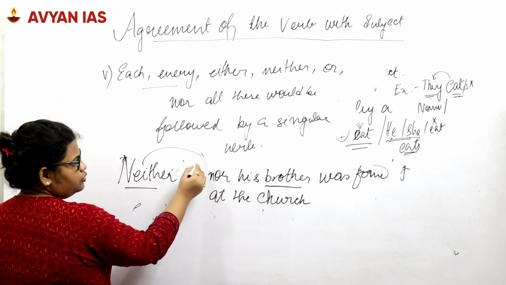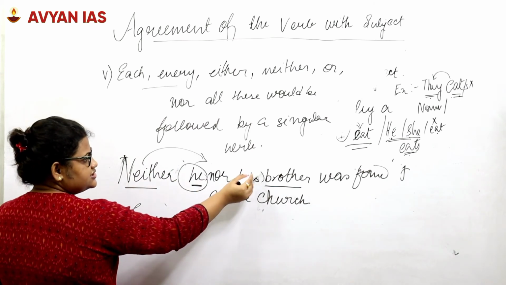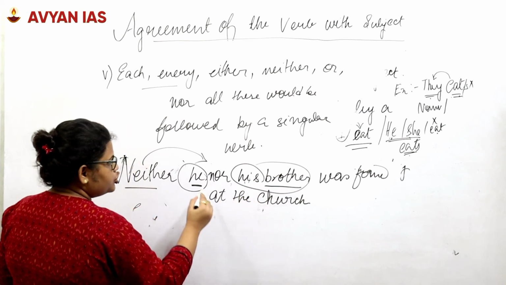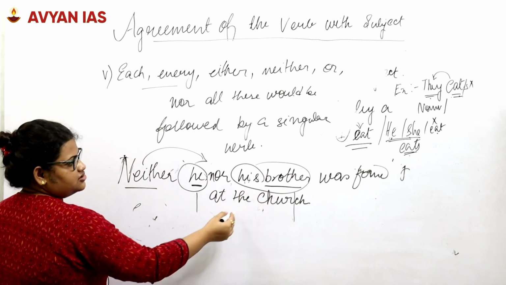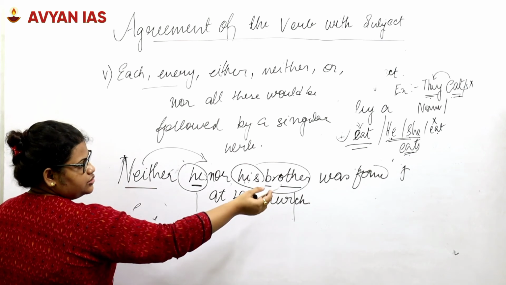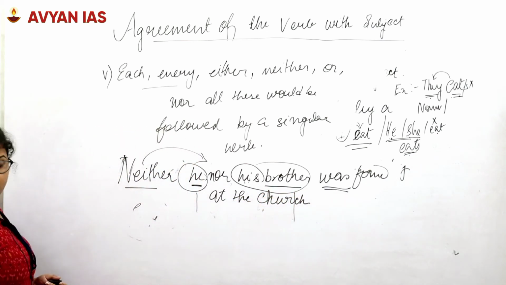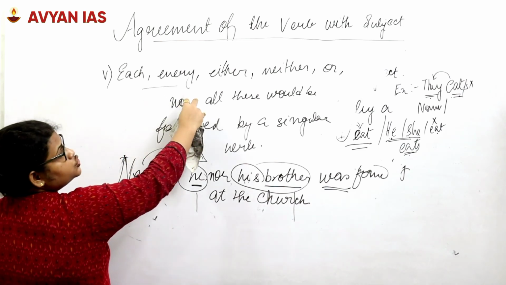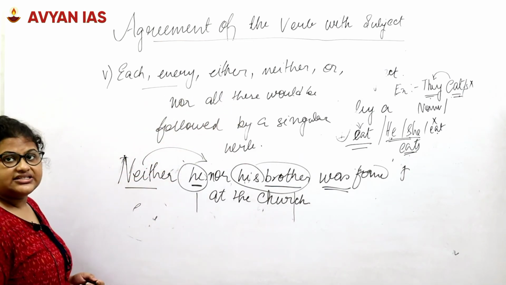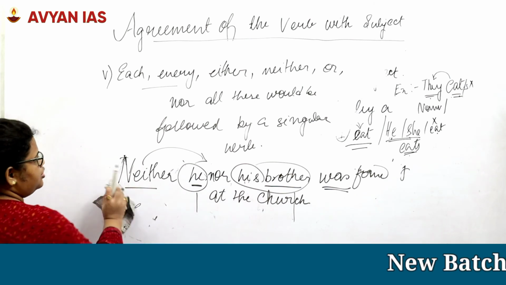Neither is usually followed by a nor. So this is one subject, this is the other subject, his brother. So none of them were found in the church. So again, we will use a singular verb. However, all these words do refer to one object or subject at a single time.